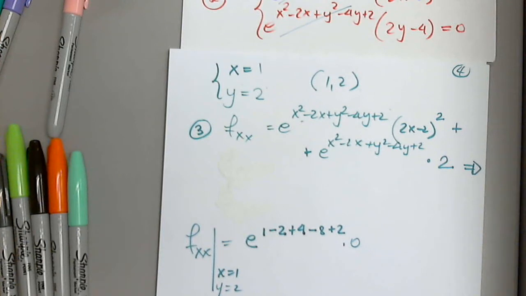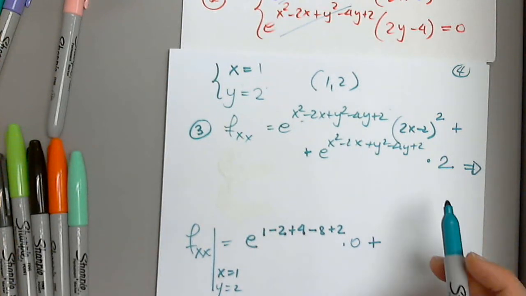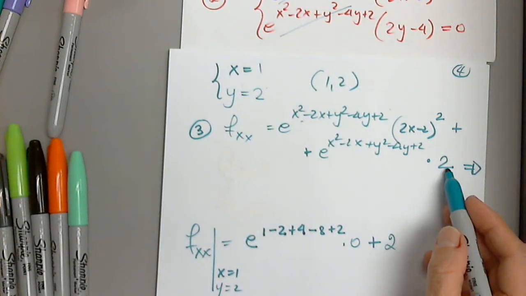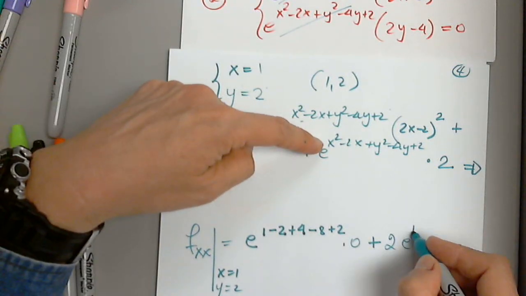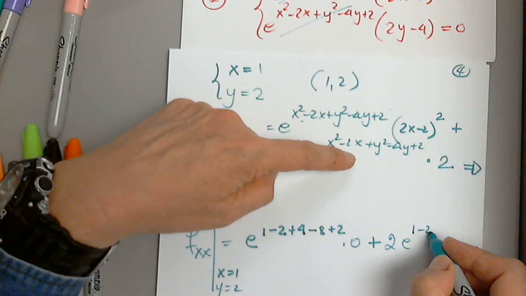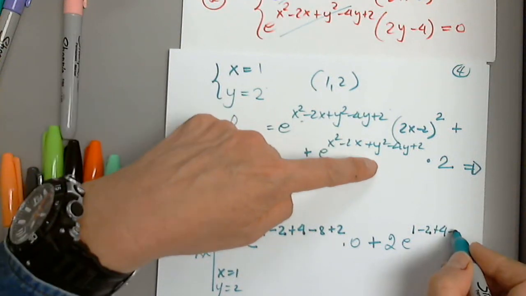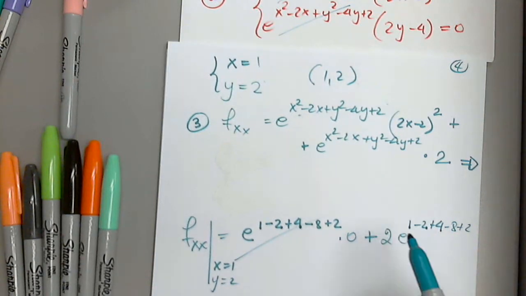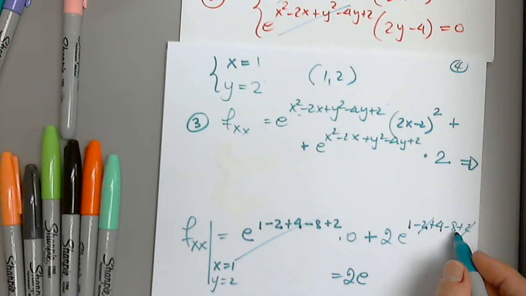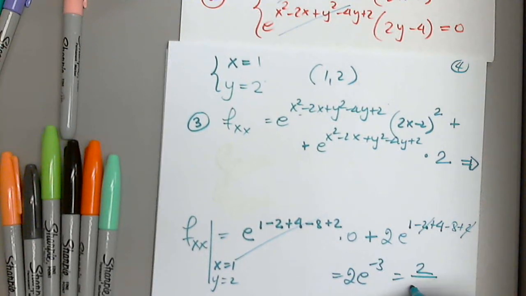Excellent. Plus 2, this 2, times e to the same thing. 1 minus 2, I'm checking, minus 8 plus 2. Aha, okay, so this is 0. Nice. So 2 with negative 2, and then this is 2 times e to the negative 3. Very good. Or 2 over e cubed.